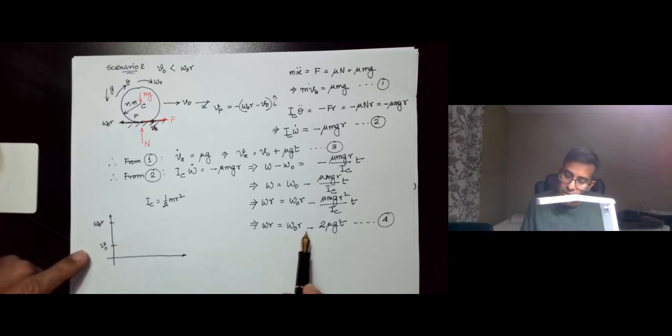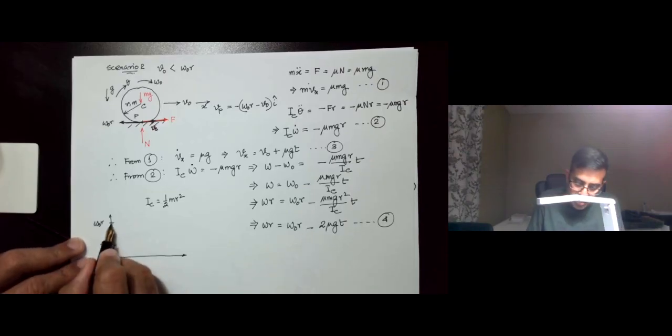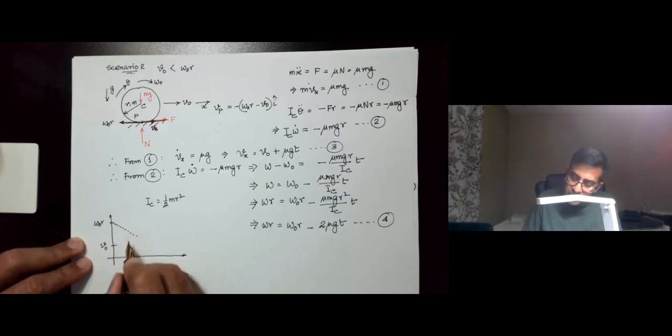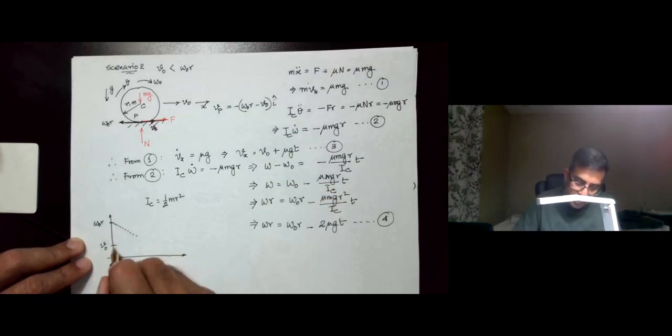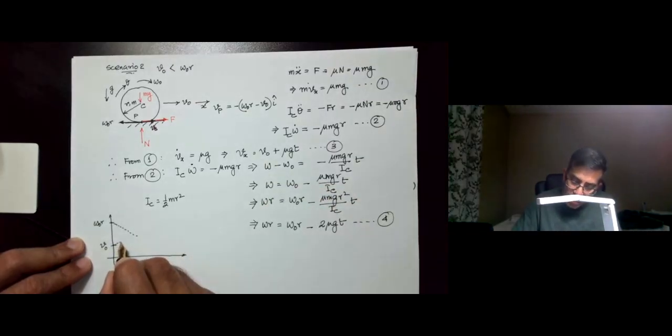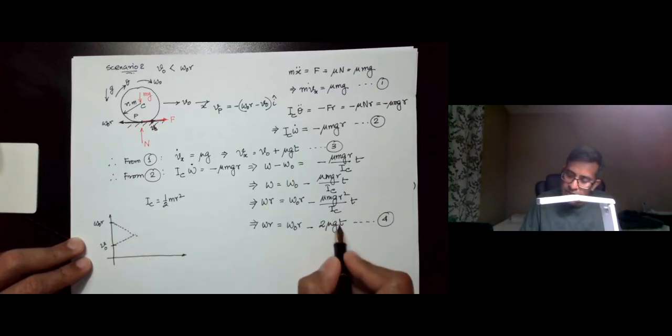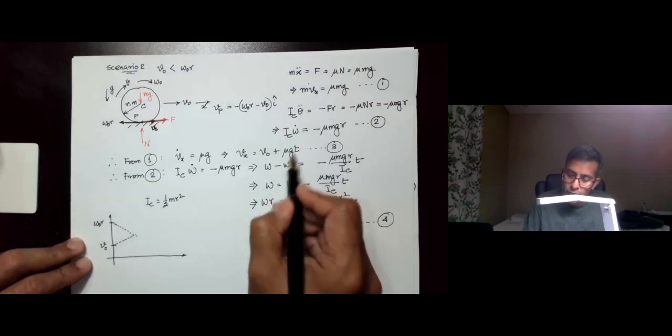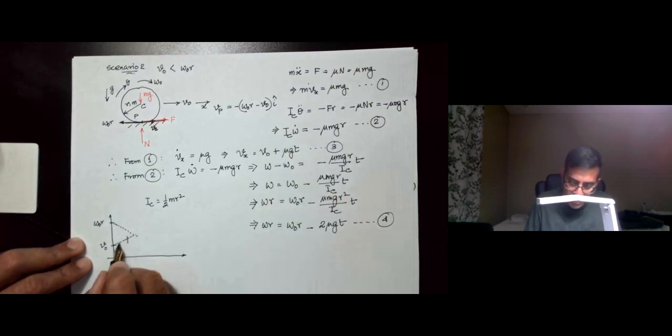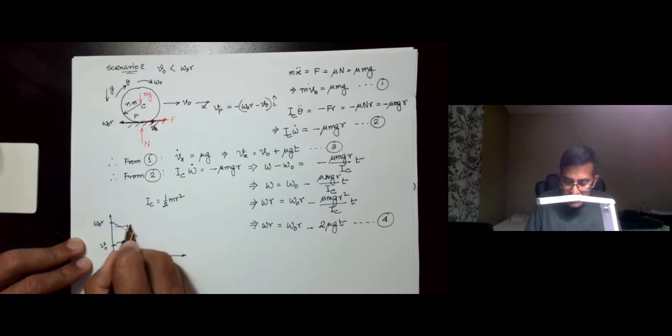So you can see that omega naught r is going to reduce with a certain slope, and v is going to increase with half the slope. So this slope is mu g and this slope is negative 2 mu g, and this is of course with time.